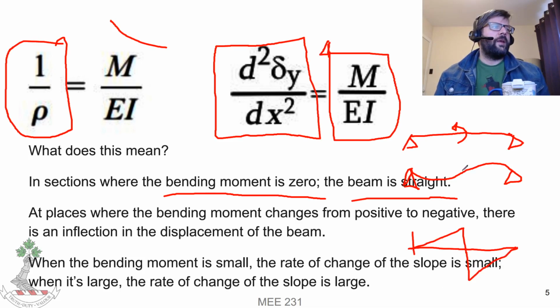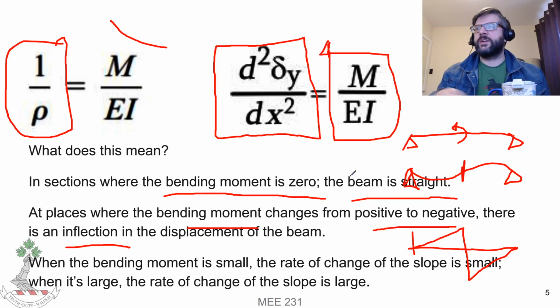So at that inflection point, the moment diagram crosses the x-axis. So anytime you have a change in the bending moment diagram from positive to negative, there's an inflection point.